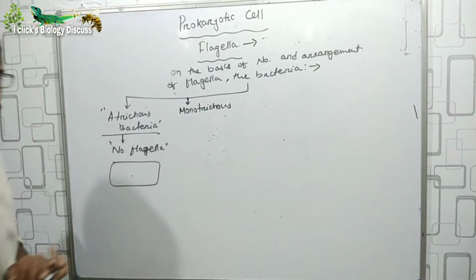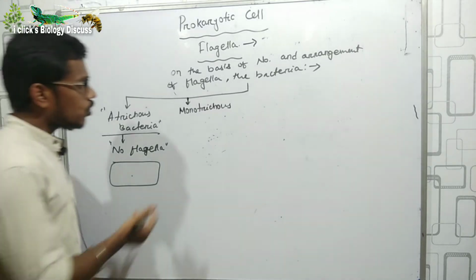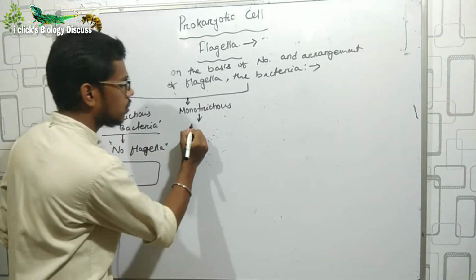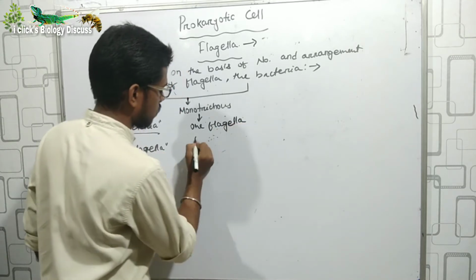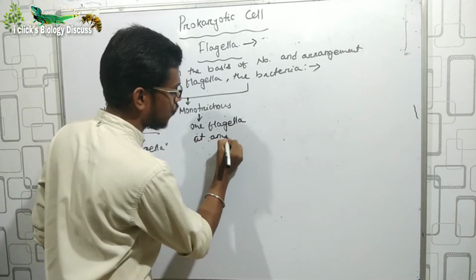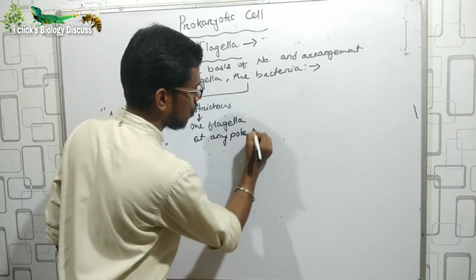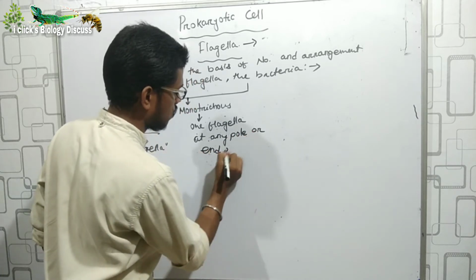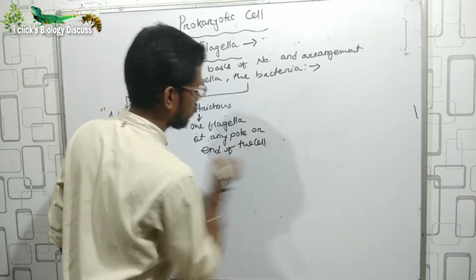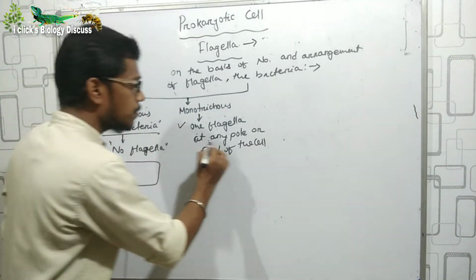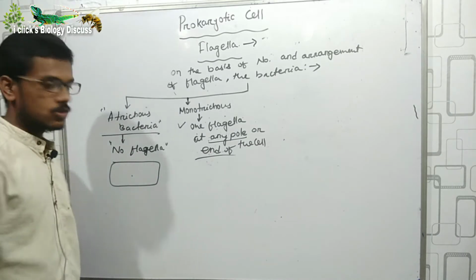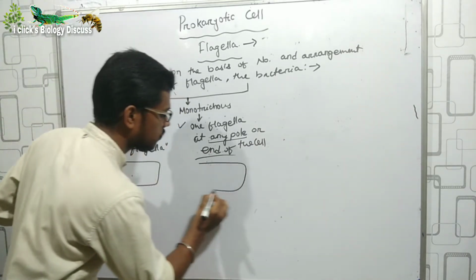Then another, there is monotrichous. Monotrichous, mono means one. In the case of monotrichous, there will be one flagella at any pole or end of the cell. There will be the presence of only one flagella at any pole or any end of the cell. Suppose this is a cell.